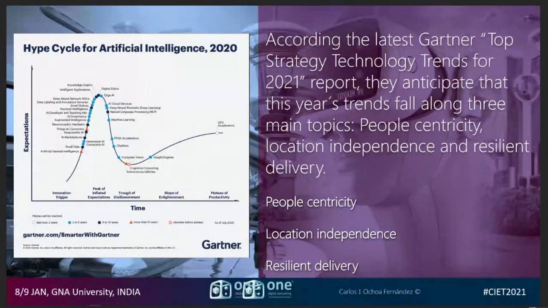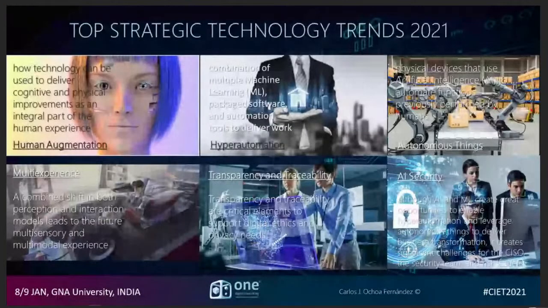We can see in the cycle of artificial intelligence for the next years how the convergence of different technologies and the evolution and the impact will be growing very, very fast. As I mentioned, human augmentation, hyper-automation, autonomous things, multi-experience, transparency, and artificial intelligence security will play a major role.